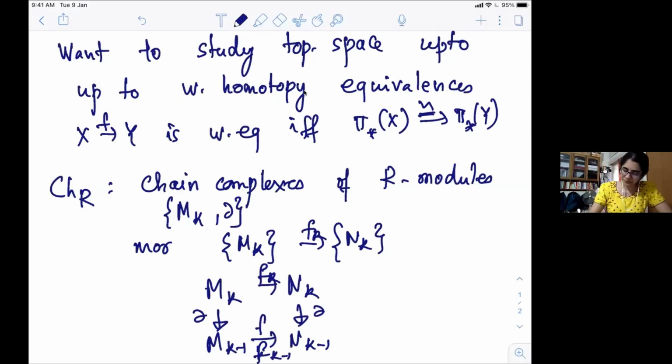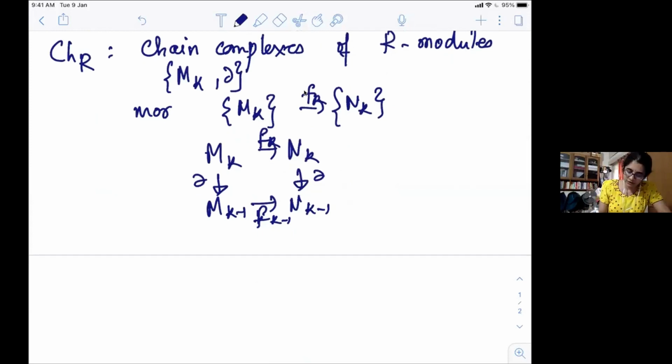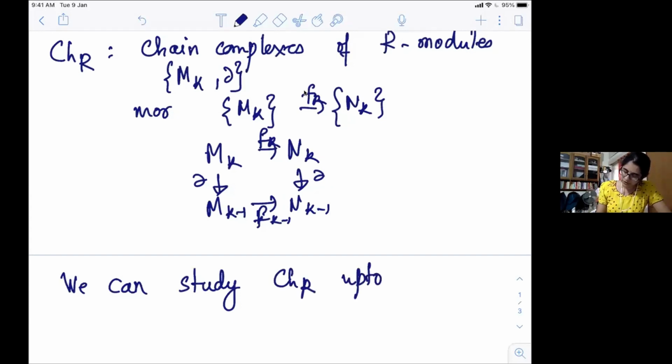Then given such morphisms, there are two ways. So one thing is that we can study chain complexes up to chain homotopy equivalences, which Shrikant talked about yesterday.